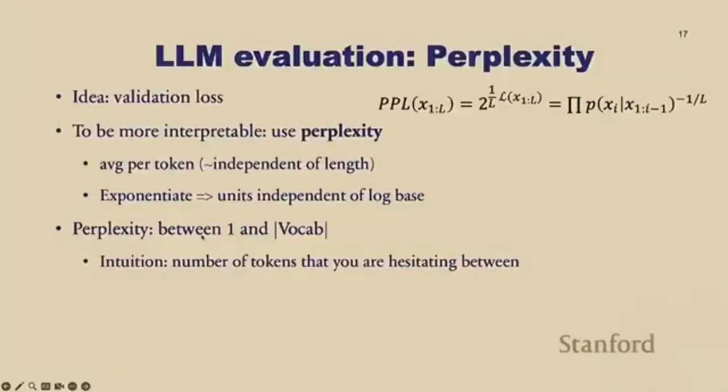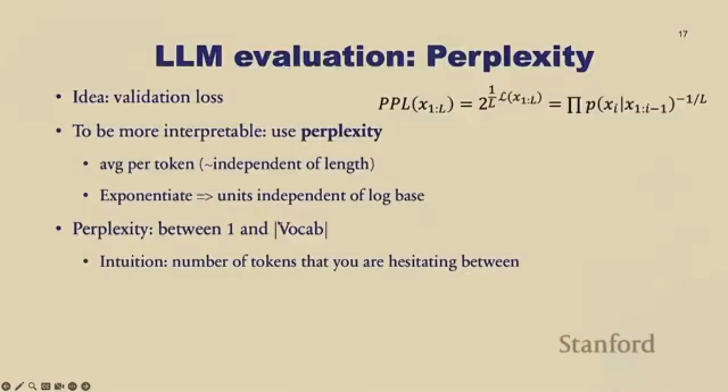If you predict everything perfectly, then every word has probability one, so the best perplexity you can have is 1. If you really have no idea, you predict with 1 divided by the size of the vocabulary, and with simple math you get a perplexity equal to the size of the vocabulary.